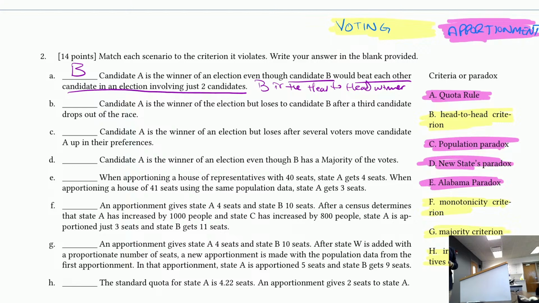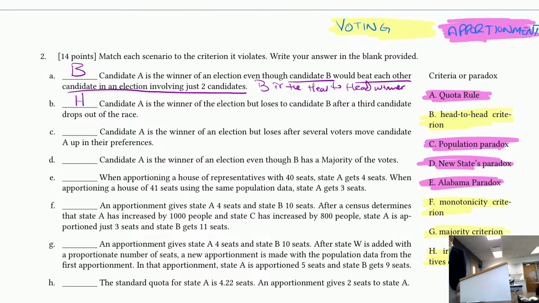So it should be irrelevant whether the loser is in the election or not. But in this case, the loser actually caused someone to win or lose based on whether they were in the election. That's called the irrelevant alternatives criterion. Irrelevant alternatives just says that if you have an election and one of the losers drops out, it shouldn't change the election.